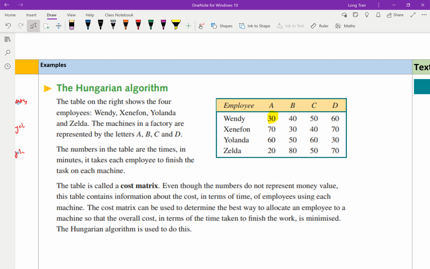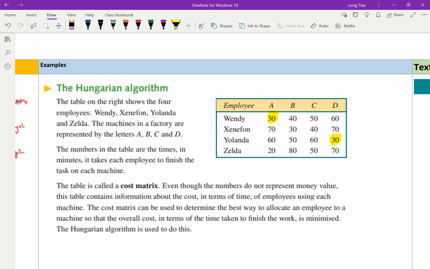It takes only 30 seconds to churn out whatever they're trying to do. Whilst machine D is clearly not her preferred. She can do machine D, but she's not the best at it. Yolanda is really good at machine D, but definitely not good at machine A and machine C. So what is the most cost-effective way to allocate them to the machines?